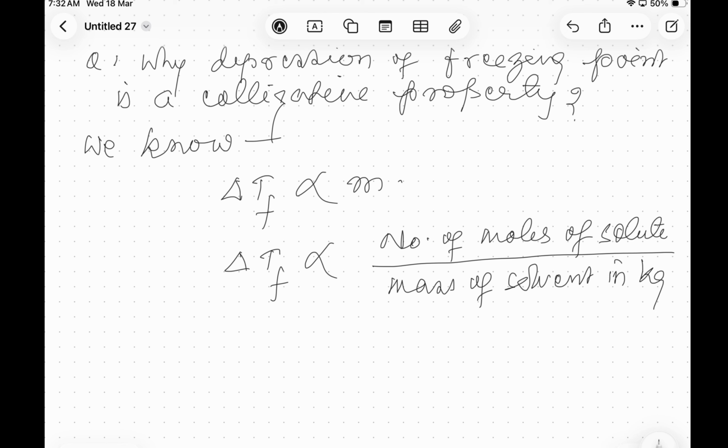If the mass of solvent in kilogram is constant, then delta TF is directly proportional to number of moles of solute.